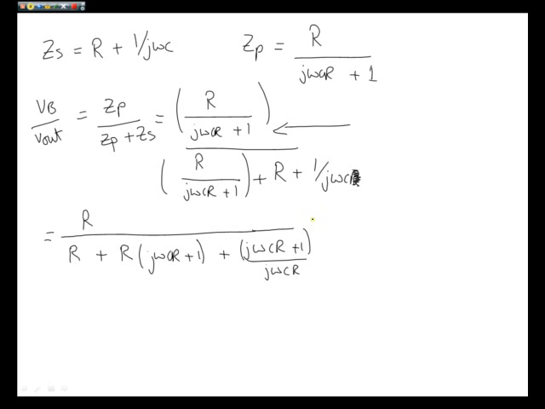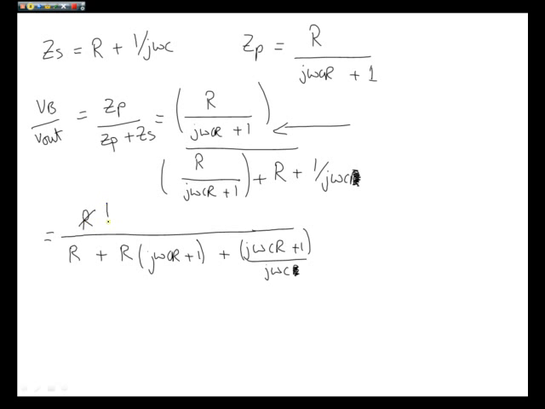Now what we need to do is simplify and figure out what's going on. Well, if we notice we've got R and R's here, we could start to cancel through by R's. We also need to cancel through by this j omega C term. I've done it again. Sorry, there is no R there. That's j omega C, and that's this term here, j omega C. So, what have we got now?